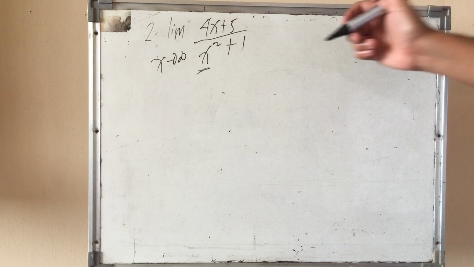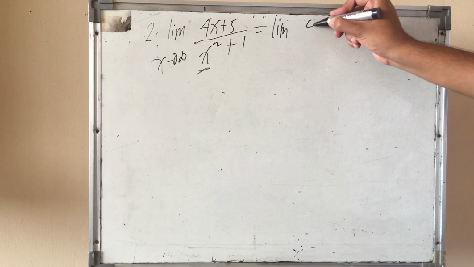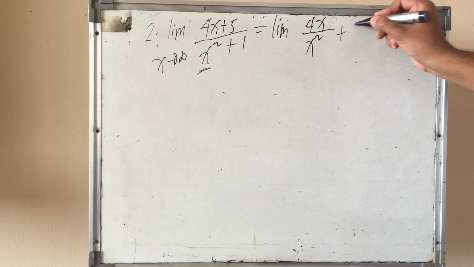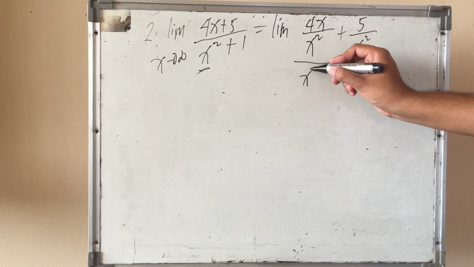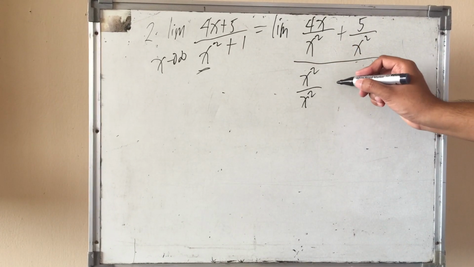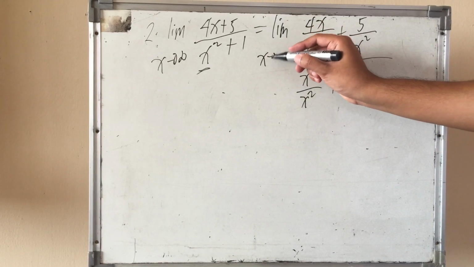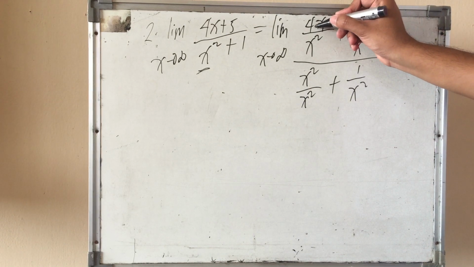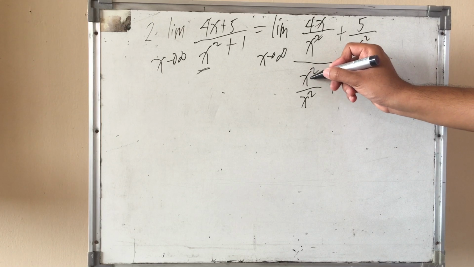So that is equal to the limit of 4x over x squared plus 5 over x squared, divided by x squared over x squared plus 1 over x squared, as x approaches infinity. Then cancel out x, cancel out x squared.